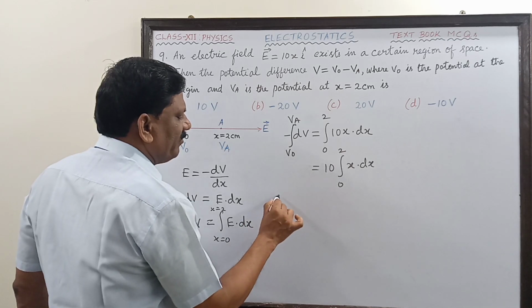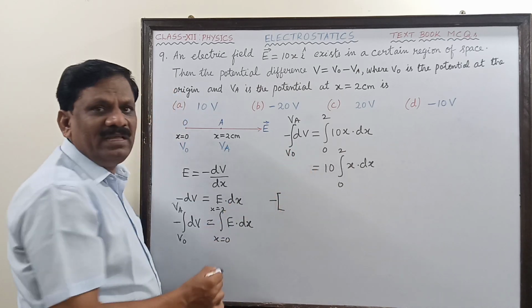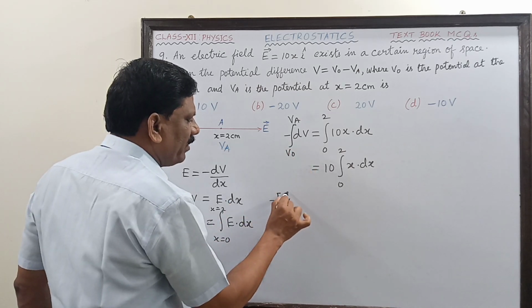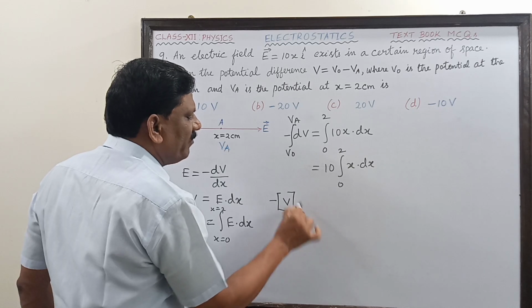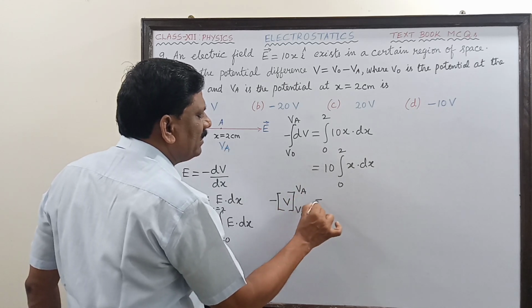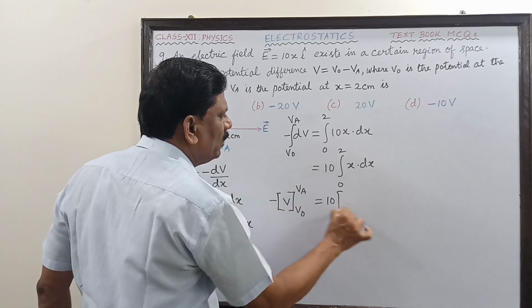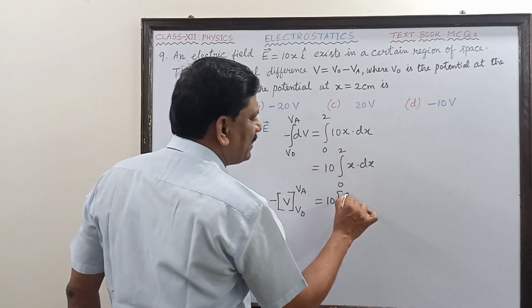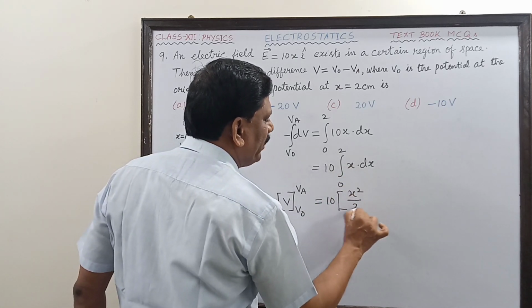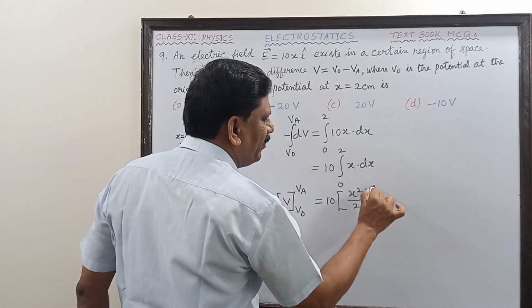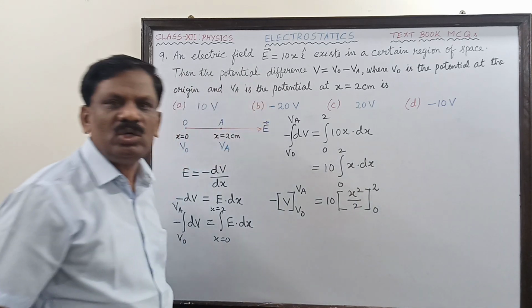Now minus of integral of dV is what? V, between the limits VO and VA. And this is equal to 10 into integral of x dx, which is x square divided by 2, with the lower limit 0 and the upper limit 2.